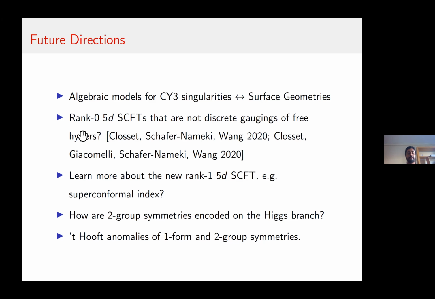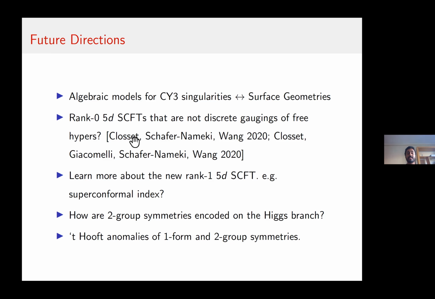Okay. Then another interesting direction is to study if there can be rank 0 5D SCFTs. In these surface geometries, we always started with some collection of surfaces. So we always had some non-trivial rank. If you had no surface, there was no surface geometry. So it's not sensitive to exploring rank 0 5D SCFTs.